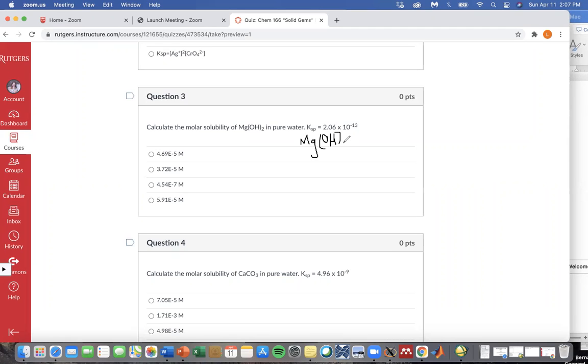MgOH2 is a solid, and it dissolves to Mg2 plus and plus 2OH negative. These are both aqueous. And so for the KSP expression, do you guys have any idea what it would be?